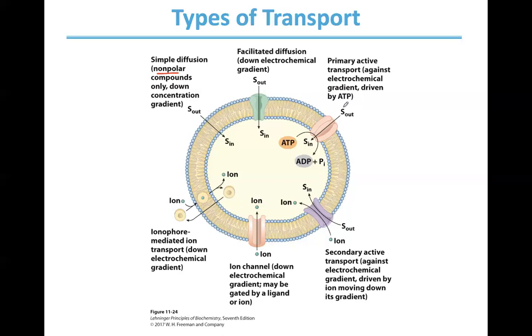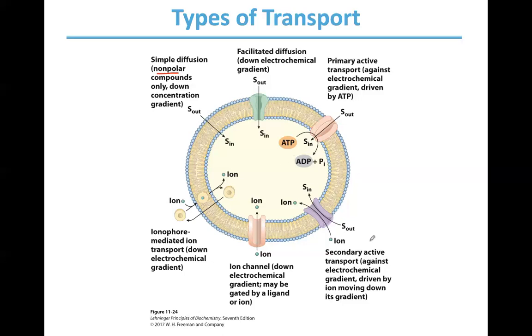The concentration of the species on the outside is smaller than on the inside, but it will still come in, because this primary transporter has ATP associated with it, and it will hydrolyze ATP to provide energy to draw the molecule against the concentration gradient.